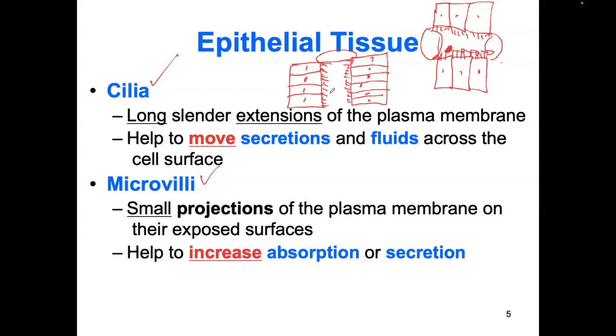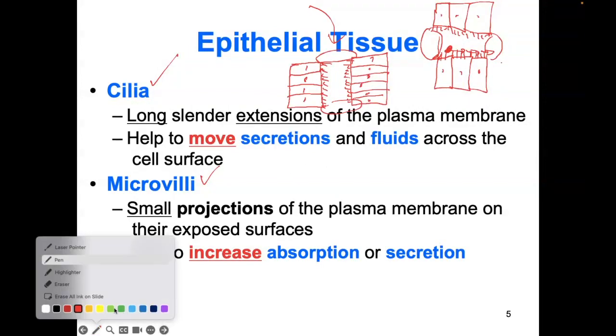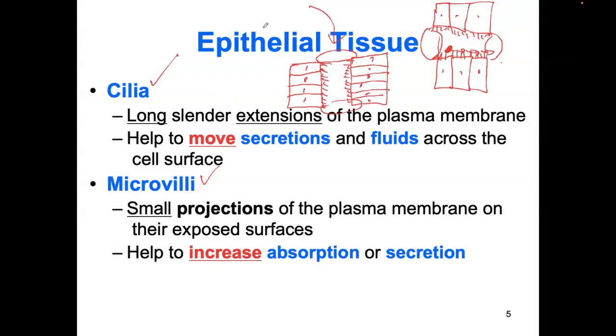Now let's say this is the trachea. Let's just say this is the windpipe. So air is coming down through here to make it to your lungs. Now we have these, I'll make this green. We have these cells that also hang out in here. We'll call these green ones goblet cells.